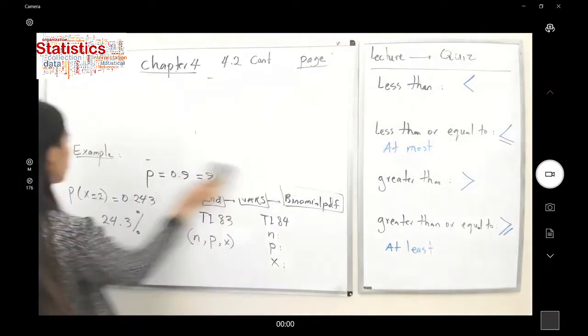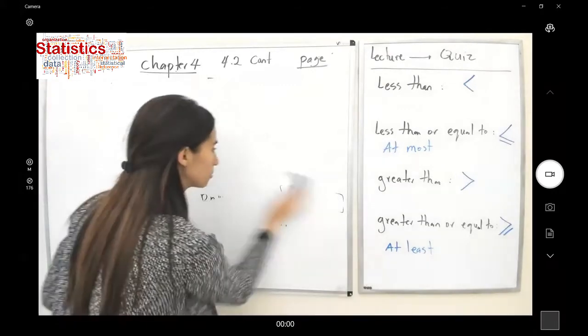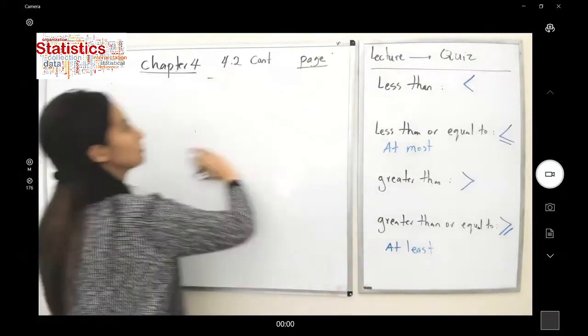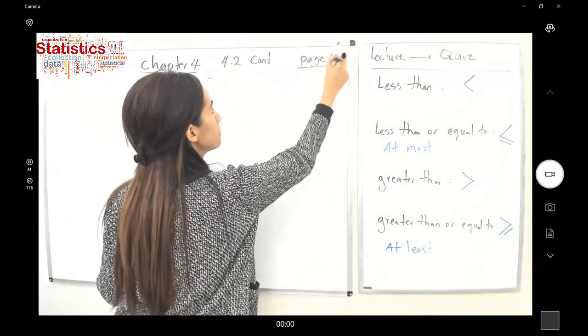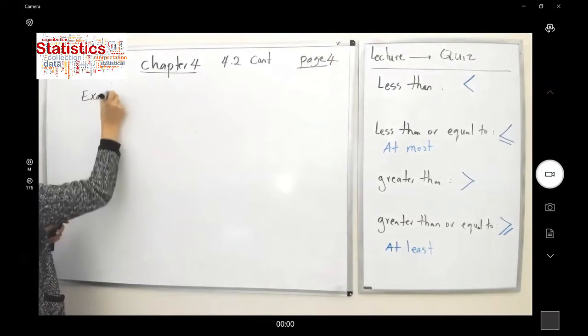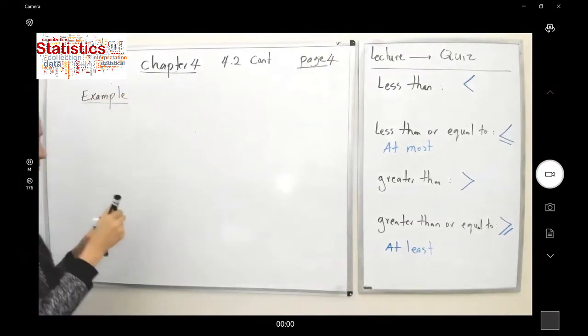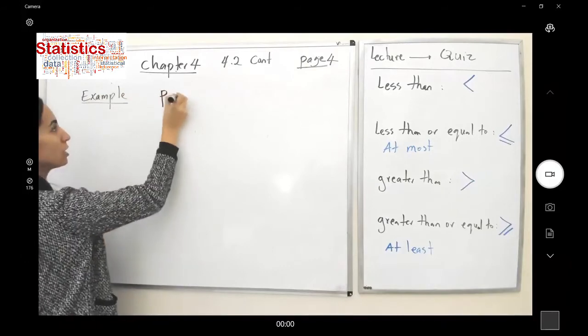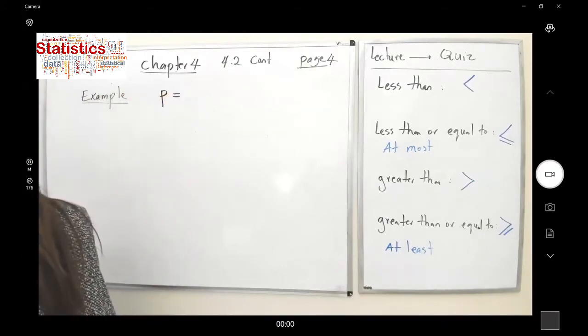We are on page 4 and that example. As we identified, P, or the probability of success in one trial, is 62%.